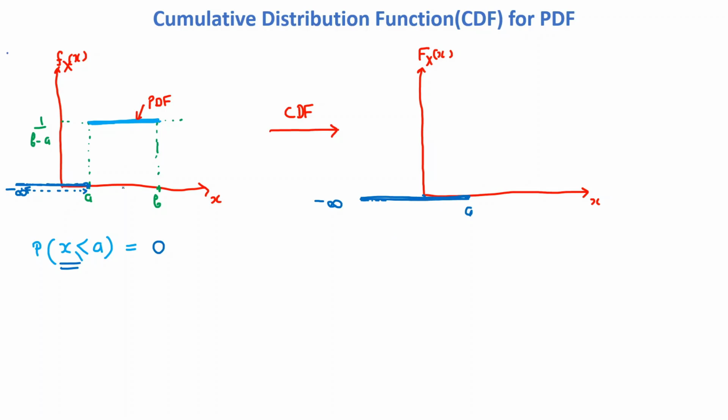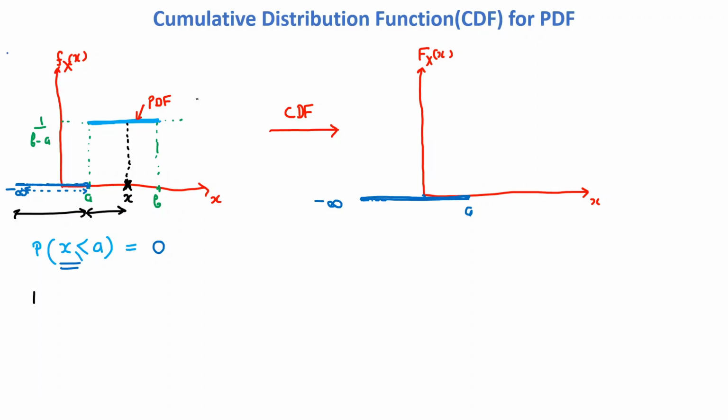Now let's calculate if x lies anywhere between a and b. Say x lies at this point. How can we calculate the probability at this point? First we calculate the probability from minus infinity to a, then from a to x.